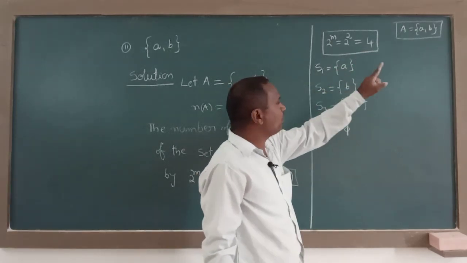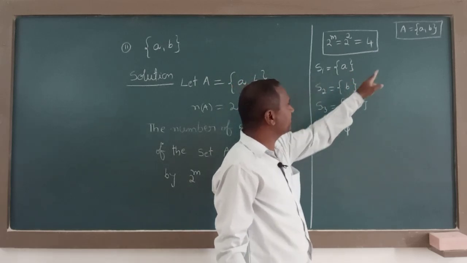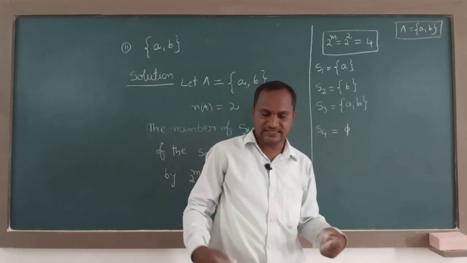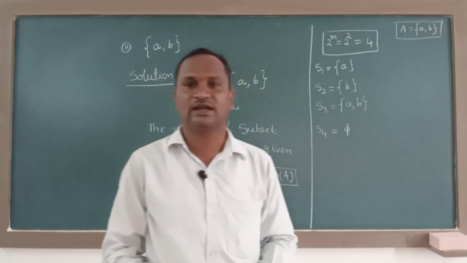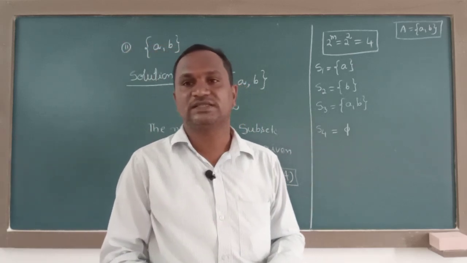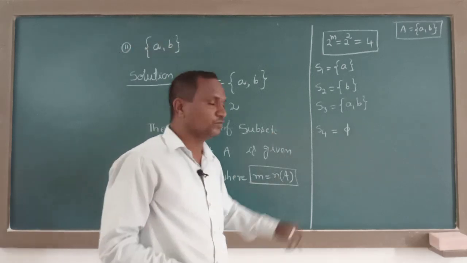Yes, take one element at a time: A. Next, S2, the second element B. S3 and S4 we can easily write: every set is a subset of itself, and the last one, S4, is the null set or empty set, which is a subset of every set. Like that, we got 4 sets.